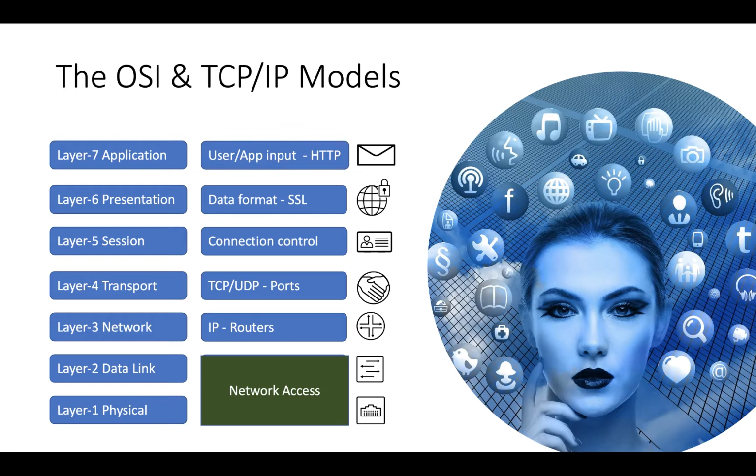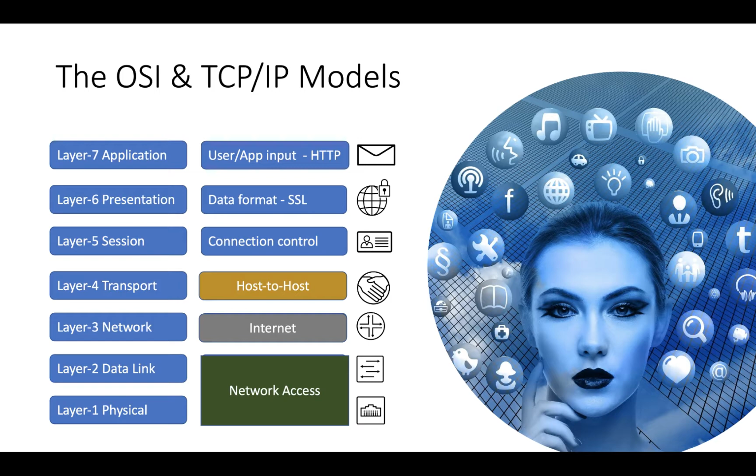Switches, physical cables, network cards, etc. all exist at the network access layer. The internet layer of the TCP/IP model maps to layer 3 of the OSI model. IP addressing, as well as routers, reside in the internet layer.